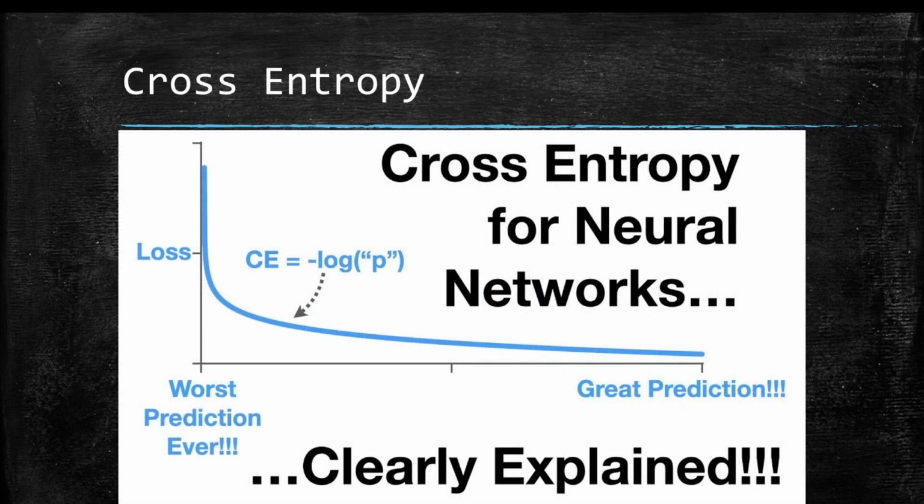All right, now we dealt with something called cross entropy, and this picture says cross entropy is nearly explained. So we've got this path that is ideal. And the cross entropy tells us how good our model is working.